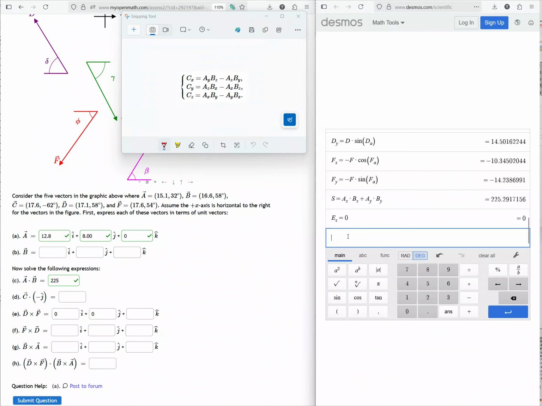Okay, E sub Z. And that's going to be equal.